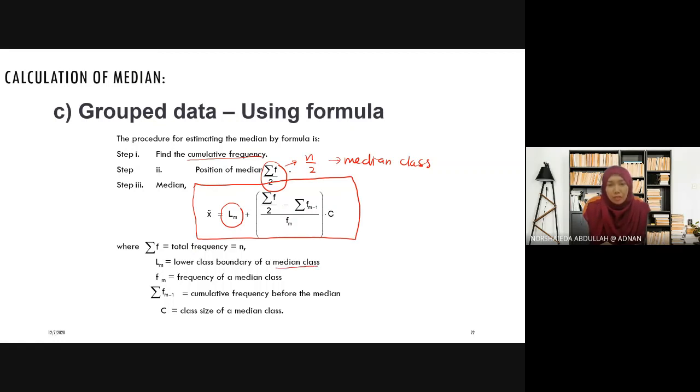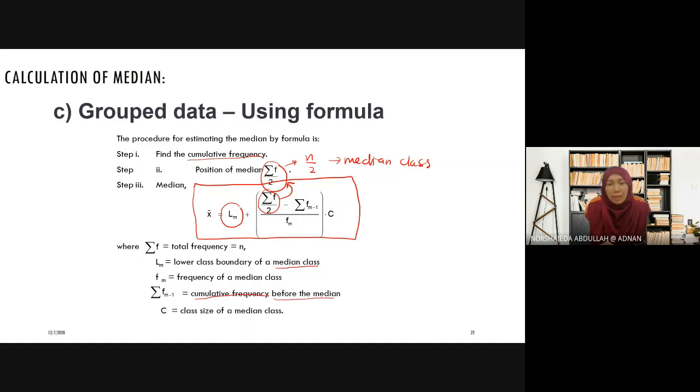Here, total frequency over 2 is the position, the same as above. Then minus total F M minus 1, which means the cumulative frequency before the median class.